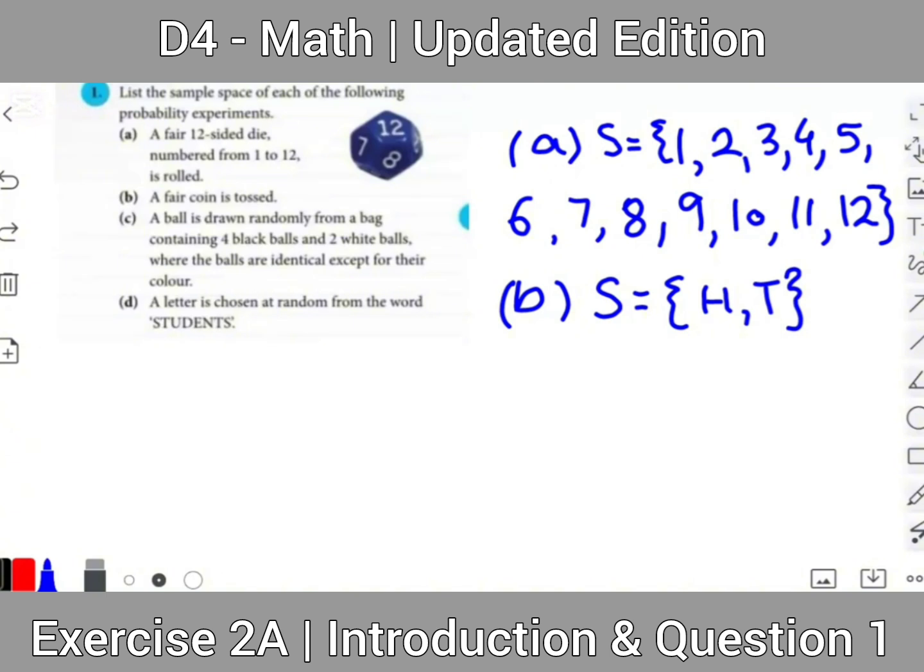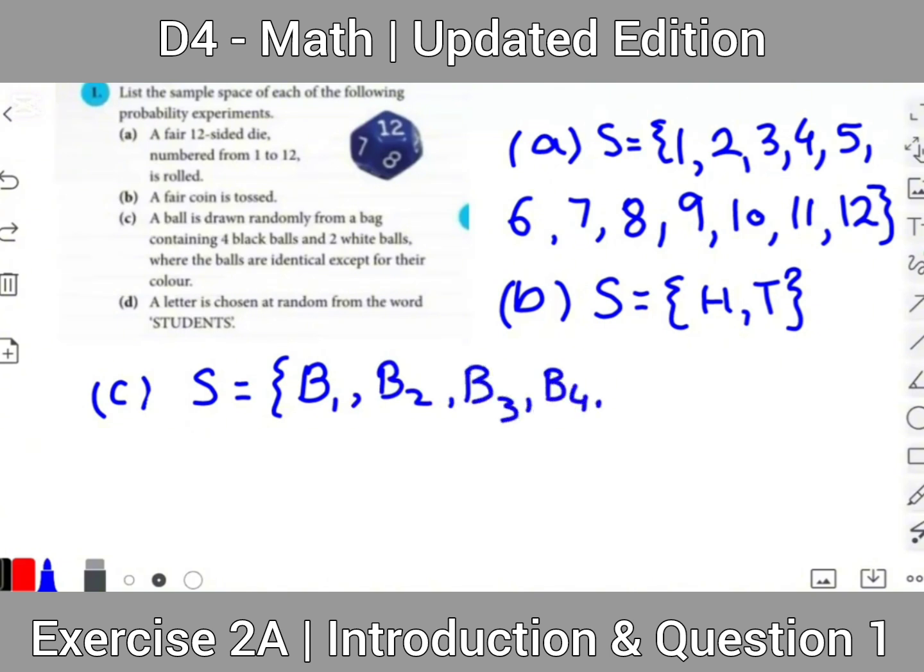Since we have 4 black balls and 2 white balls, we will denote the 4 black balls by B1, B2, B3, and B4 respectively, and the 2 white balls will be denoted by W1 and W2. So these are the sample space elements for part C.